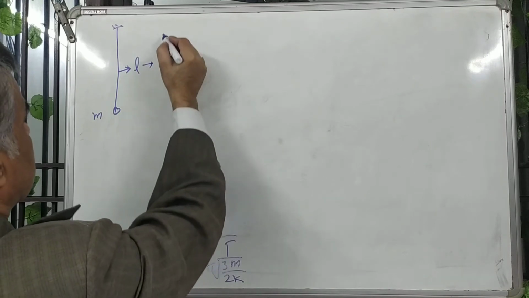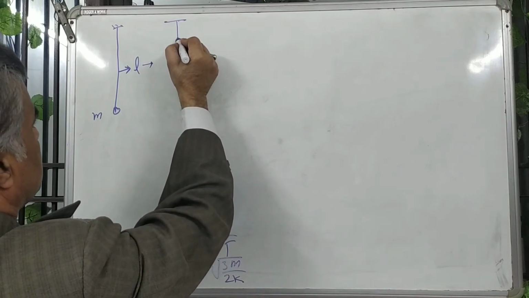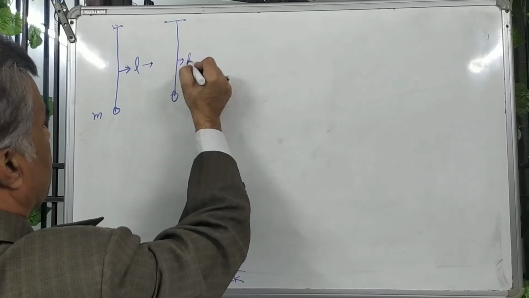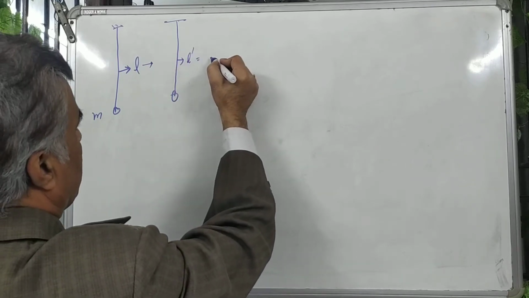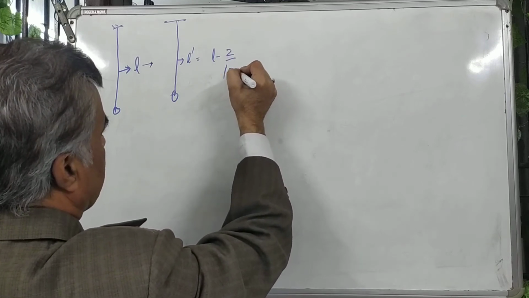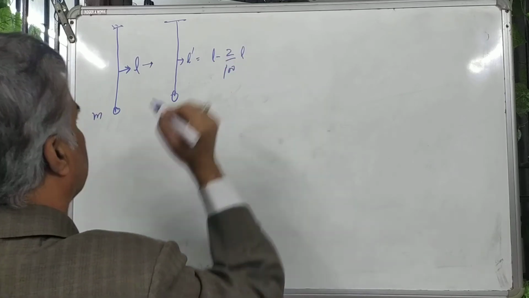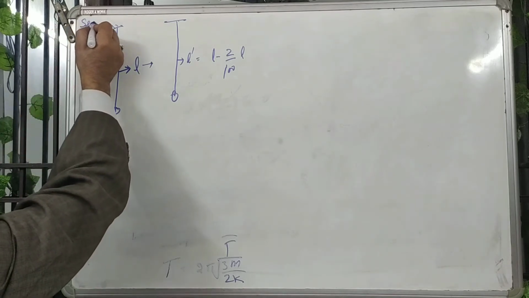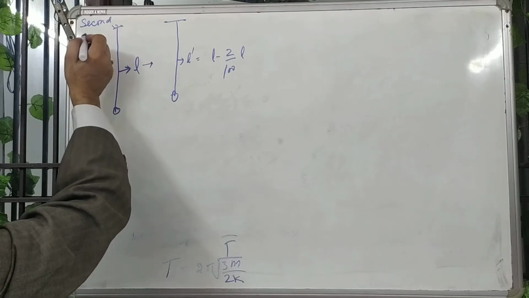So the new length of the pendulum is L dash equals L minus 2% of L. Length decreased by 2%. This is a second pendulum.